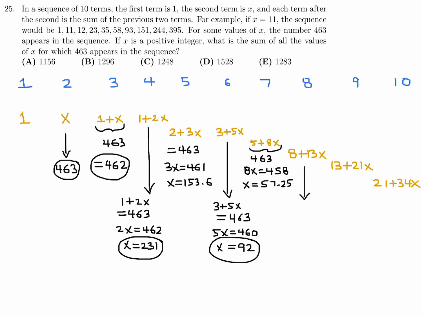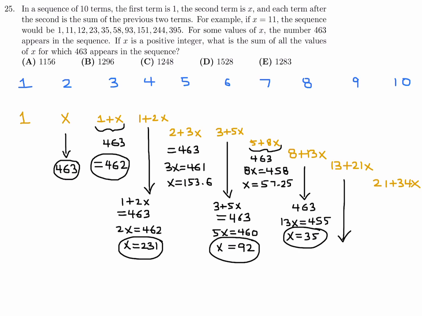All right, we have 3 more actually. 8x plus 13 is equal to 463. If we do that, we get 13x is equal to 455, and therefore x is equal to 35. Okay, great. We keep that one. And then we got a couple more.